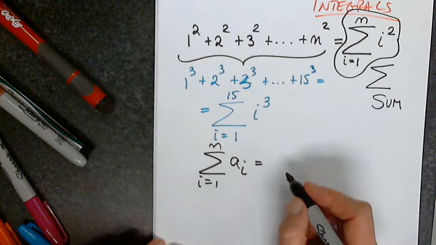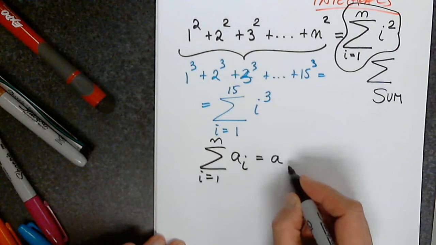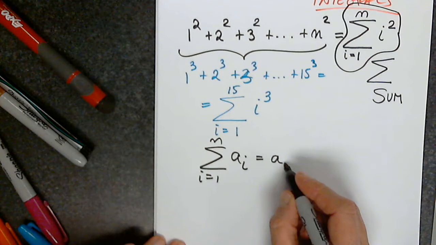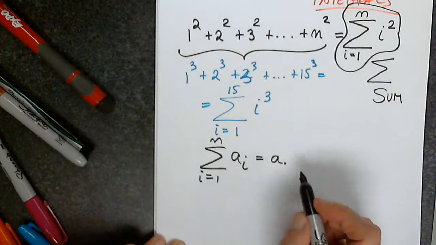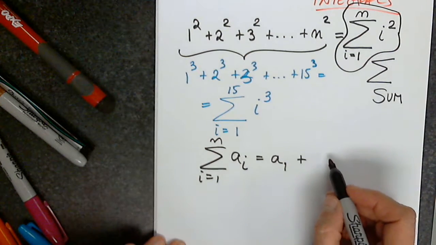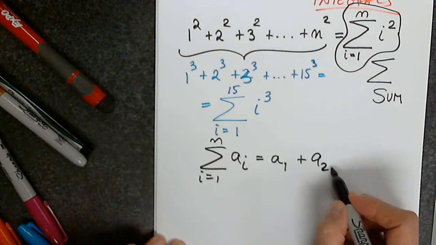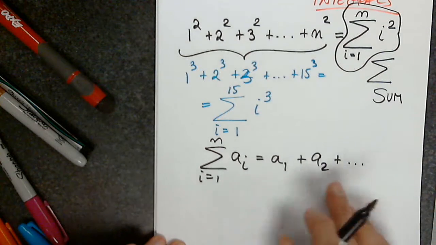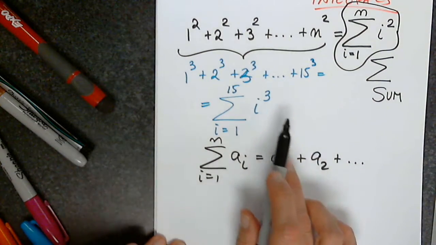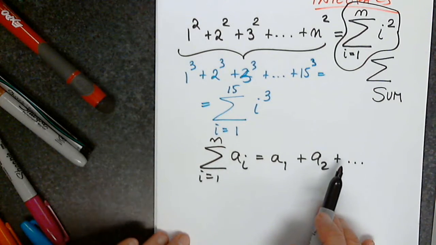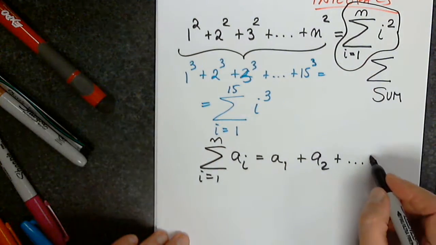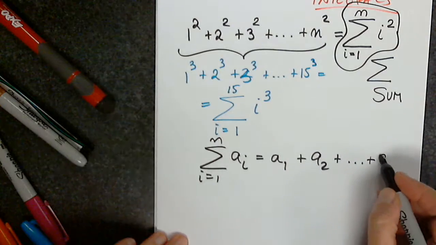Okay, what will be the first term? A1 plus dot dot dot. Notice that there are only exactly 3 dots, not 2, not 4. Plus, what is the last one? AN.